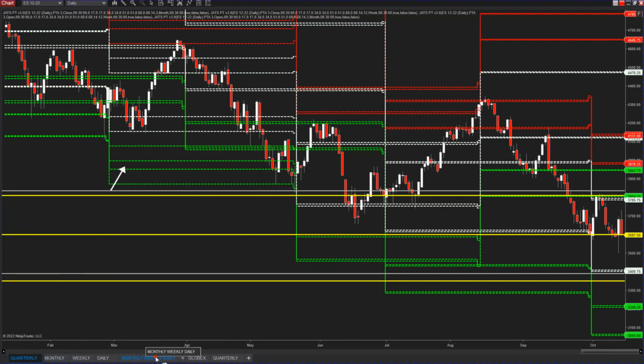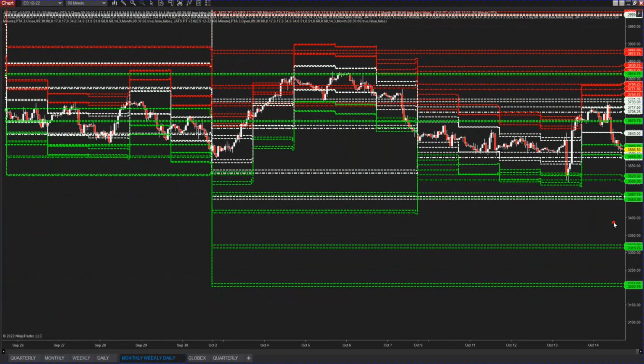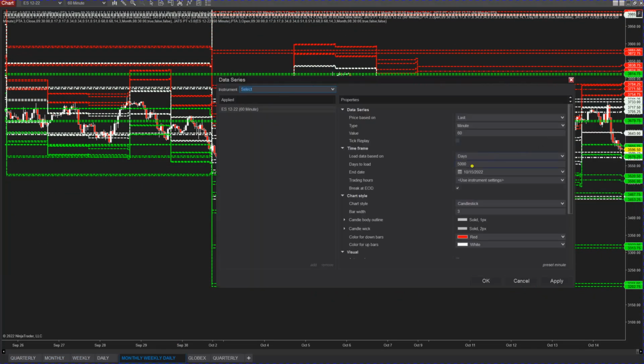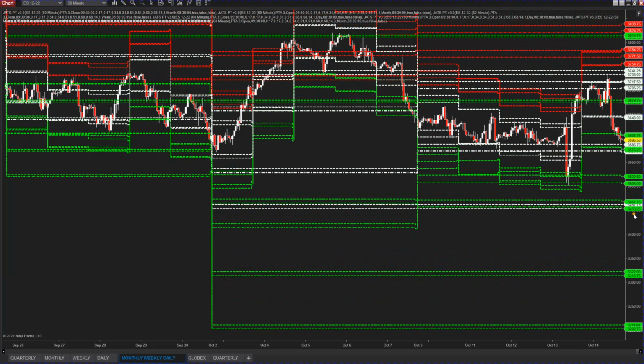And I think that would probably be, here's the 3,400 for the weekly, monthly. Let me check my days here. Yeah, 33.22, maybe 33.13 would be the second standard deviation of the monthly.